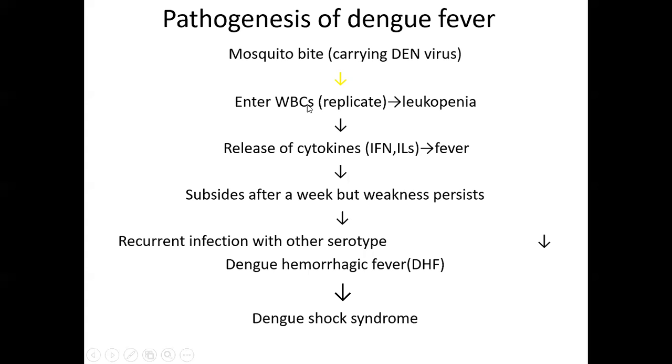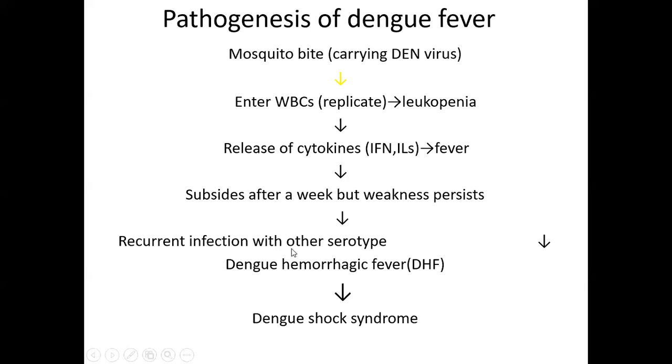The WBCs are destroyed, and this causes leukopenia. Then cytokines are released by the WBCs or macrophages, and these cytokines, the interferon, interleukins and tumor necrosis factor, lead to high-grade fever. This fever subsides after about a week, but the weakness persists, and recurrent infection is not uncommon.